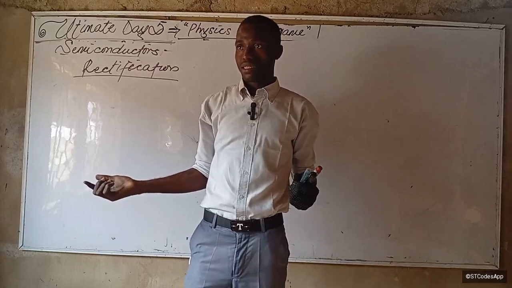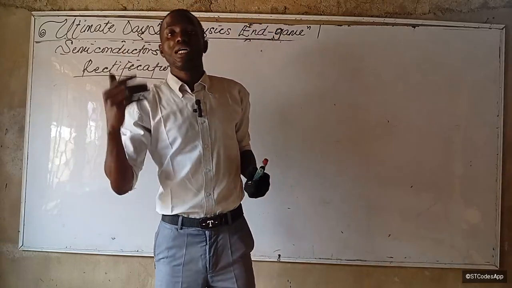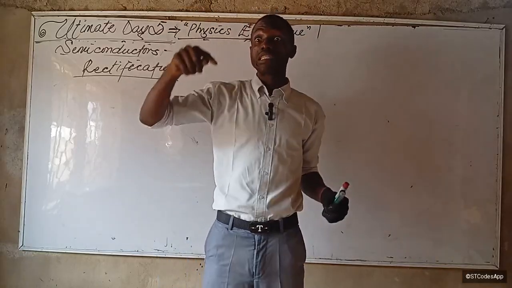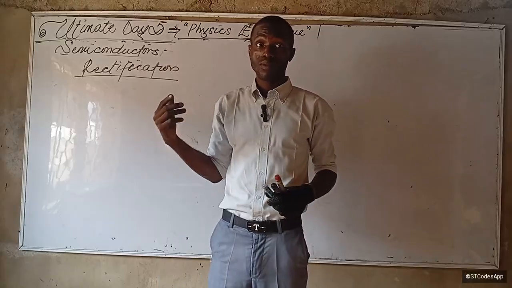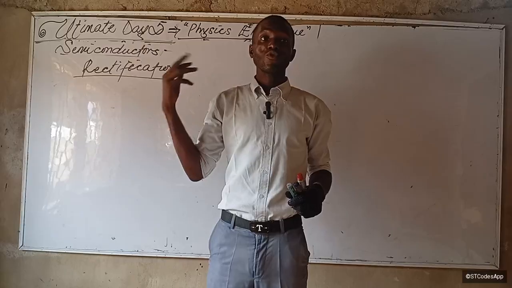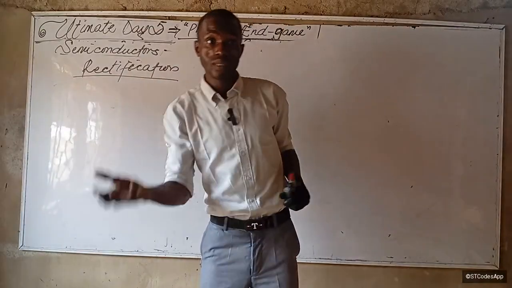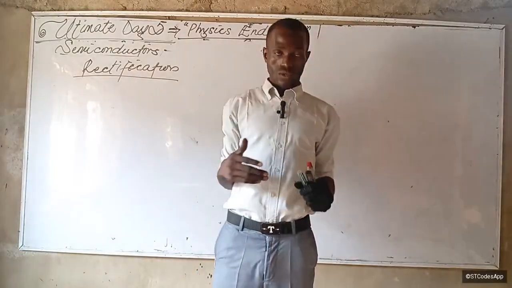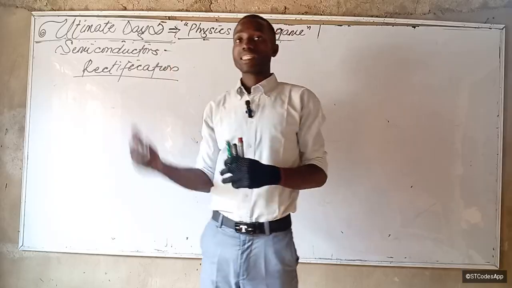Do you understand? So in half-wave we use only one diode. Is that okay? But there are inconsistencies with it. That's some problems. So we use what? The full wave is the best. Is that okay? So then there's another thing called the transistor.